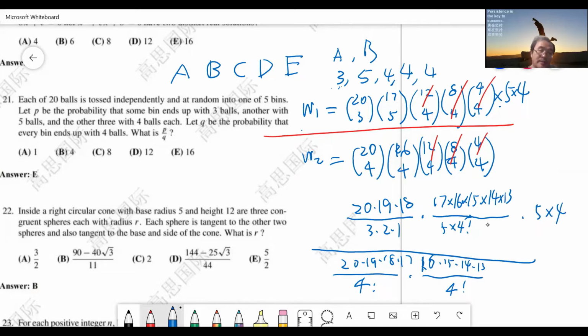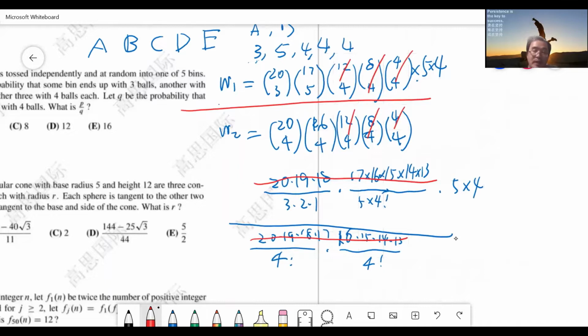So let's just do some cancellation. The top part cancels, so we take the reciprocal and simplify. That equals 4 factorial times 4 factorial times 5 times 4, over 3 times 2 times 1 times 5 times 4 factorial.